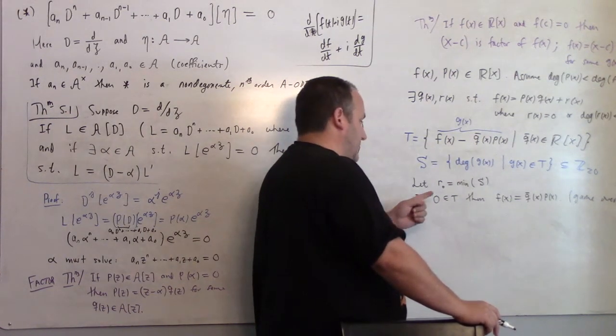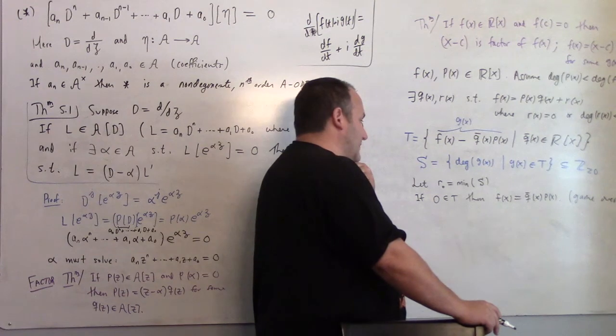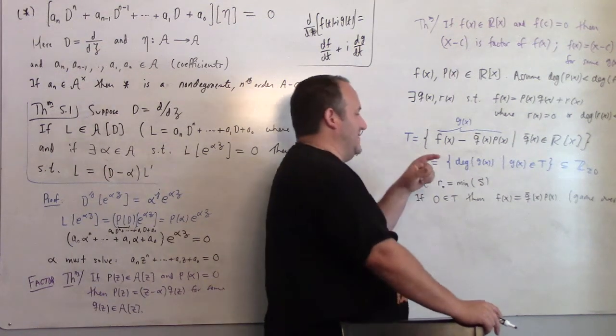So, if 0 is not in T, this is where you get into trouble.